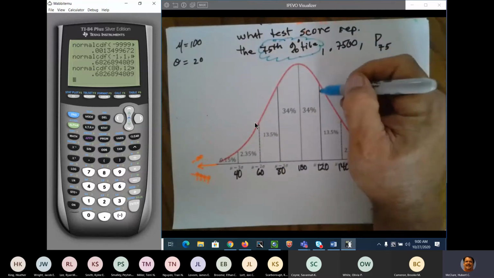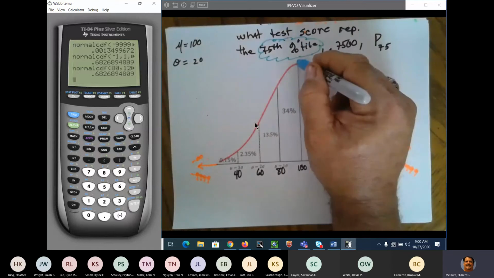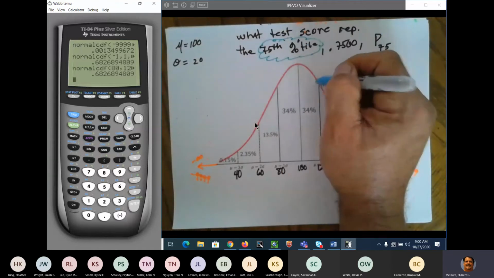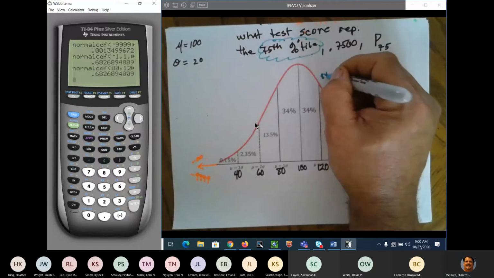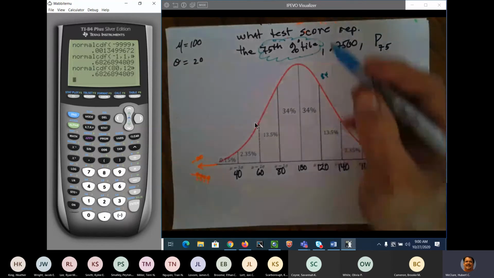We know that this is 50, 84 is right here. That's 84%. So I'm going to say that the 75th percentile is about in the middle, maybe.